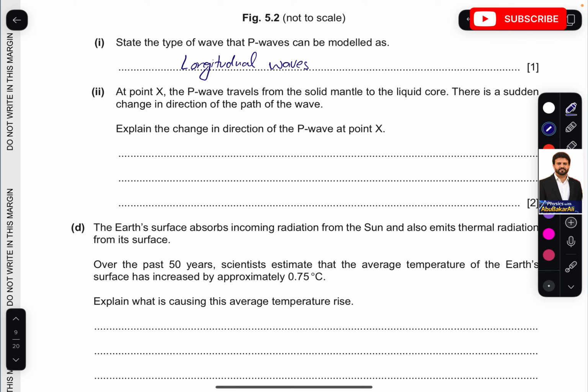They will refract, right? Why? Because the speeds are changing. So we can write: because the wave is refracted due to change in speed of wave.